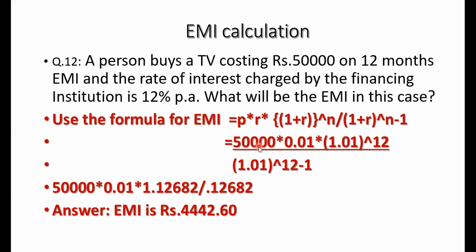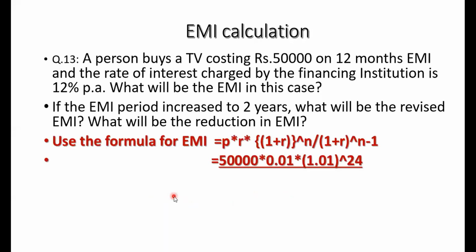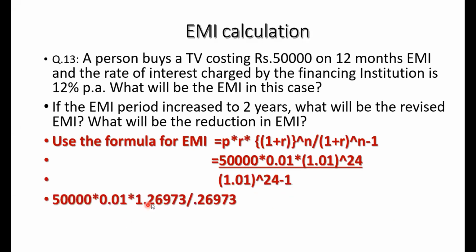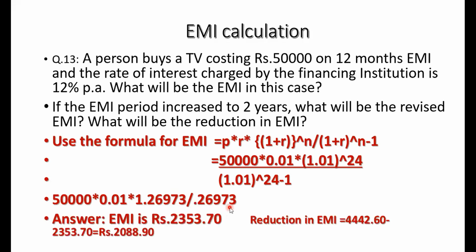Here 50,000, here 12 only you put, 12 minus 1. So the 12th value 1.12682 divided by 0.12682. Now for 24 months it will be still more: 1.26973 divided by 0.26973. So the EMI will be reduced to 2,353.